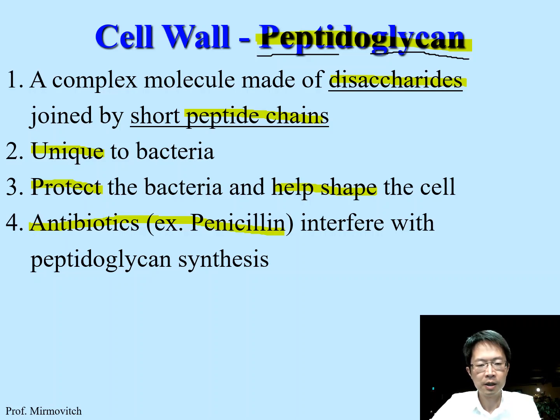Penicillin interferes with peptidoglycan synthesis because there is a peptide chain on the disaccharide. So antibiotics may stop the making of the peptide chain to put on top of the disaccharide. In this case, it will destroy the cell wall, and then the bacteria no longer have the cell wall to protect them. Then it is easy to kill the bacteria.